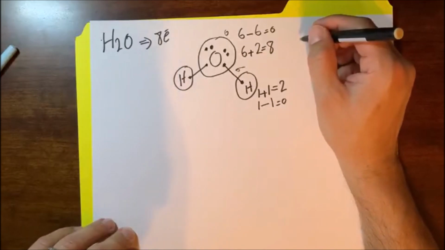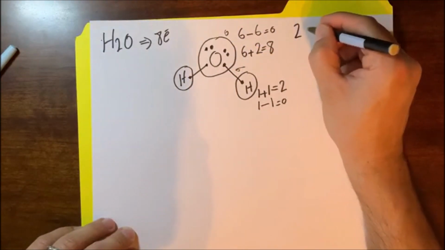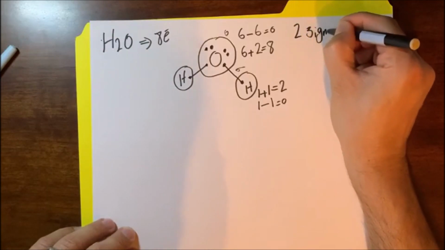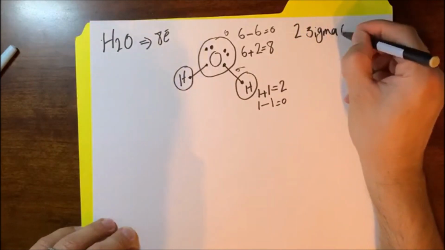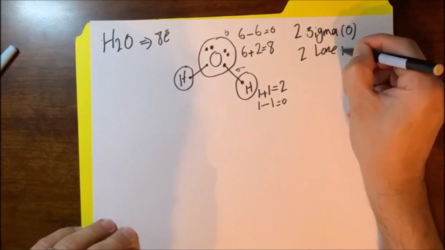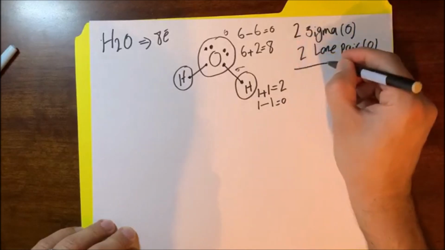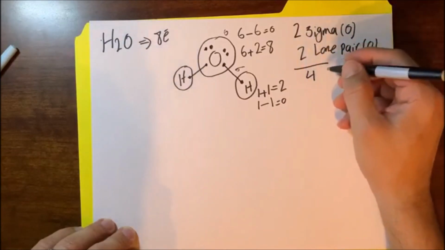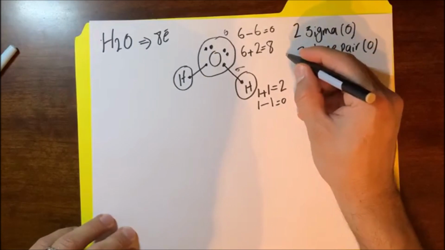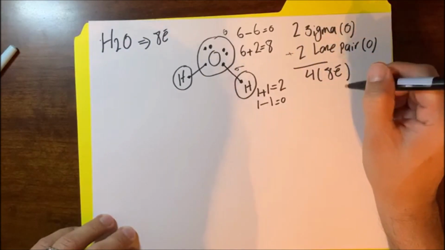Oxygen is a group 6, minus, I see 6 electrons inside the circle, 0. So the formal charge for oxygen is 0. In this case we do have lone pairs actually. We have 2 sigma on oxygen and 2 lone pairs. Again, on oxygen we have 4 pairs, that means 8 electrons.